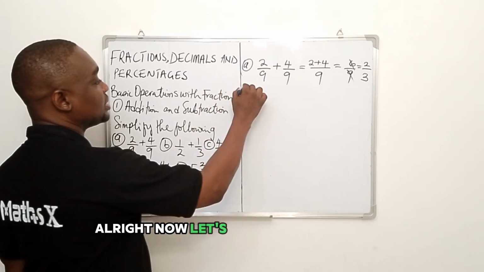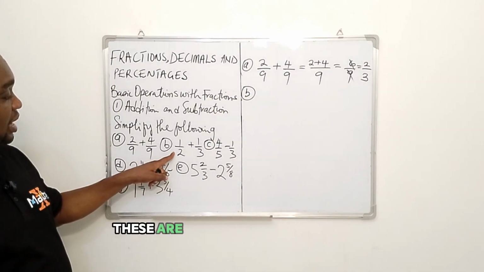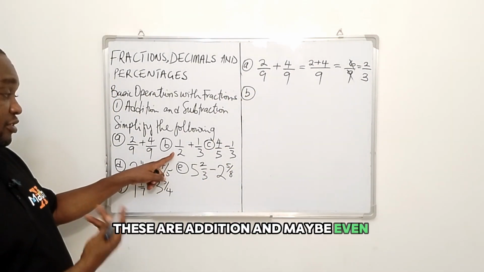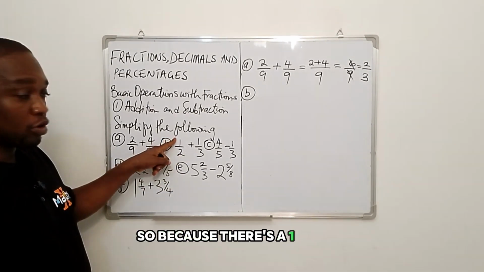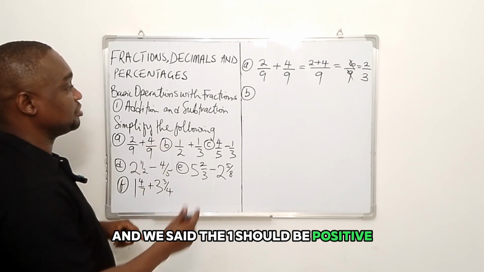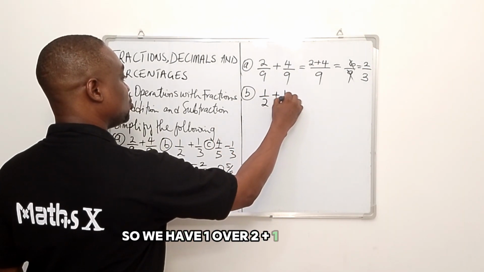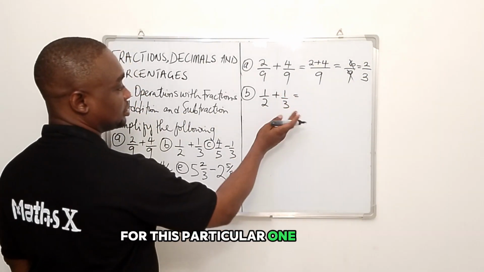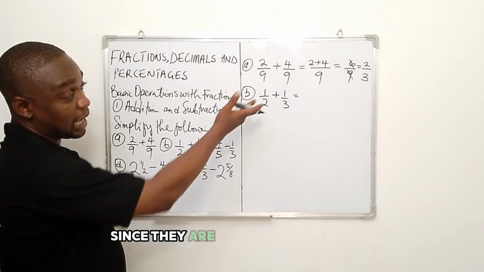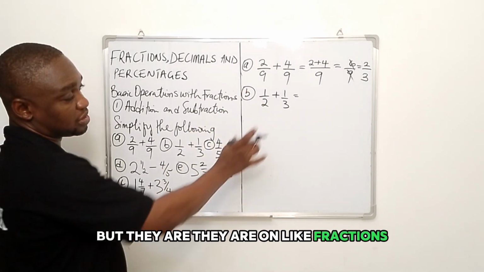All right, now let's look at the B part of this. This one is a bit divergent. These are addition and maybe even subtraction. These are addition of unit fractions. So because there's a 1 on top, and we said the 1 should be positive. So we have 1 over 2 plus 1 over 3. For this particular one, since they are unlike fractions, yes, they are unit fractions, but they are unlike fractions.